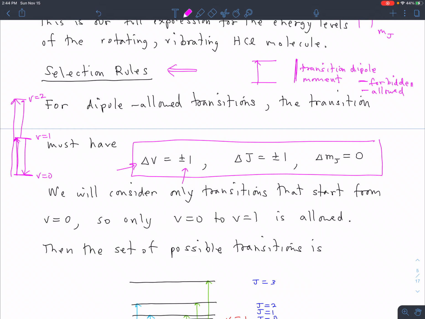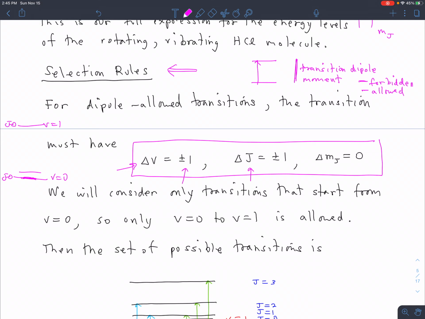A transition from here to here would be allowed. That's only delta V equals plus 1. But a transition straight from 0 up to 2 would not be allowed. Likewise, delta J can only be plus or minus 1, and that means that if you have two rotational levels, so here's V equals 0, here's V equals 1, here's J, so J equals 0 is the same as this level.